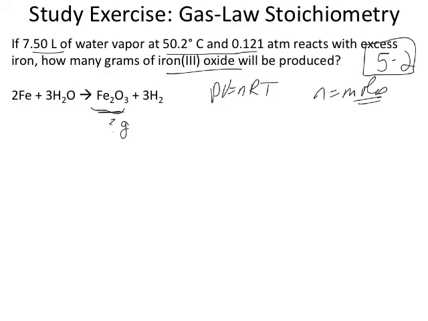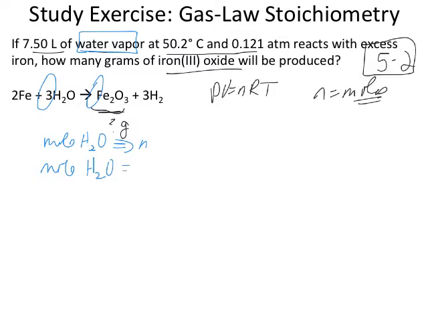So we need to solve this equation in terms of moles. Because if we get moles of, they said water vapor, so we're going to change substances here. We can solve for moles of water by solving this equation for n. And then once we have moles of water, we learned from last chapter, we can use the coefficients in front of the chemical compounds to go from mole of water to mole of iron oxide.